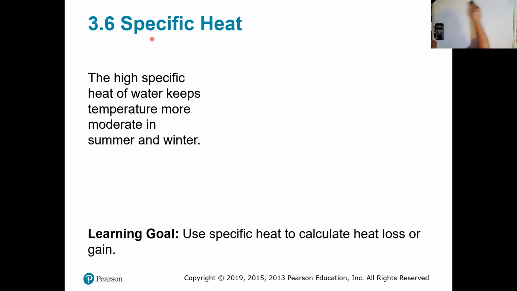So like a substance like water, all water samples have the same specific heat. Specific heat's not something that changes from water sample to water sample. Specific heat is directly related to how easy or difficult it's going to be to change the temperature of something.